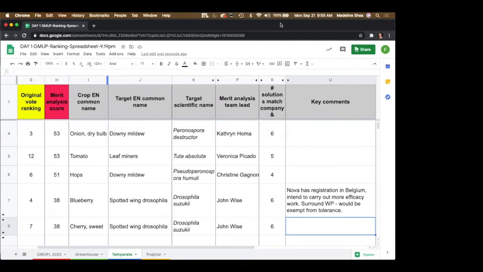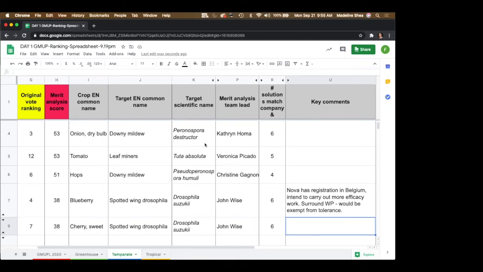I think there's variability from country to country on which solutions are the most important to them. For example, in the United States and to some degree Canada, there are more solutions in the toolbox for spotted wing Drosophila in the range of berry crops, raspberry, blueberry, cherry, but there are serious problems with MRL harmonization with the UK, EU, and other countries.